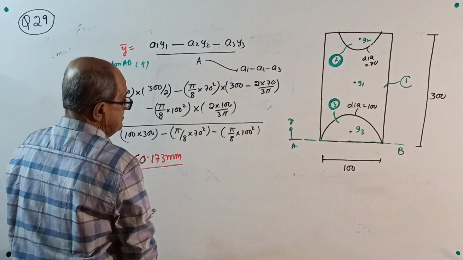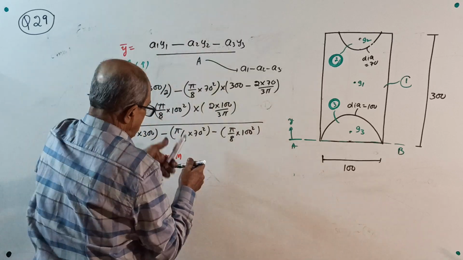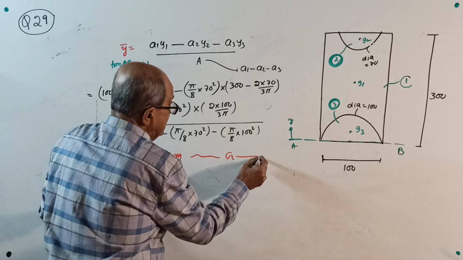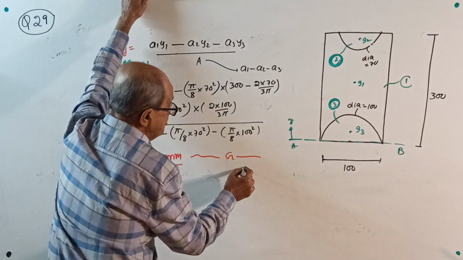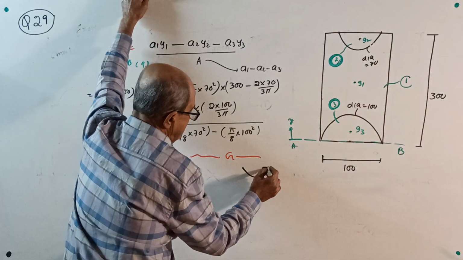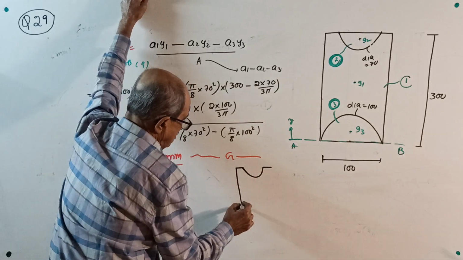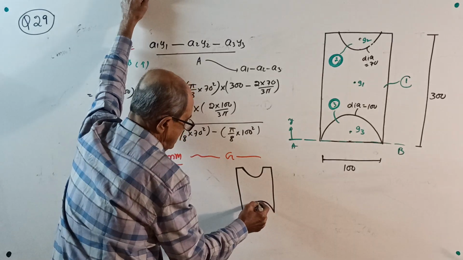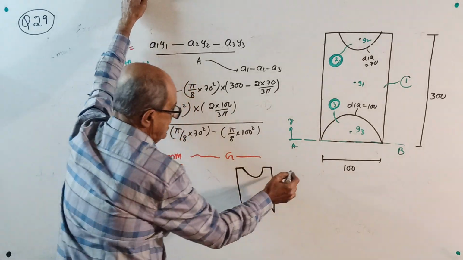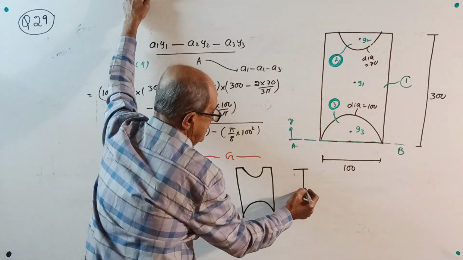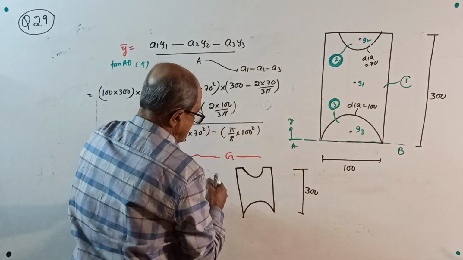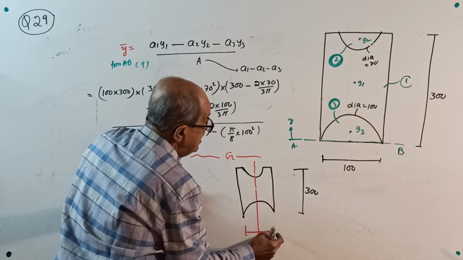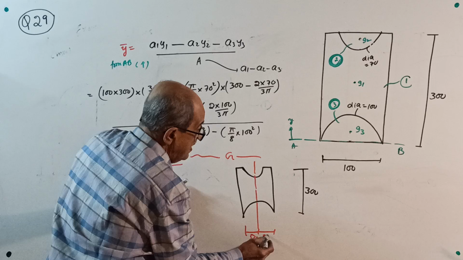Now go for the presentation, the last answer. Therefore, for the given lamina, centroid G will be as shown below. Small figure, out of scale. Total depth is 300. This is the axis of symmetry. Each will be 50, 50, 50, 50.